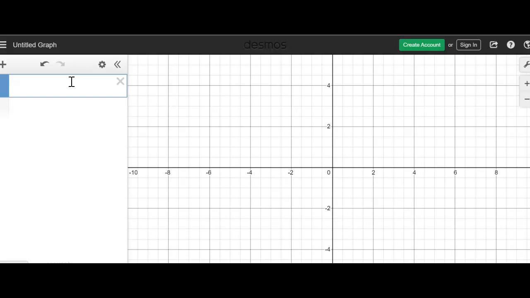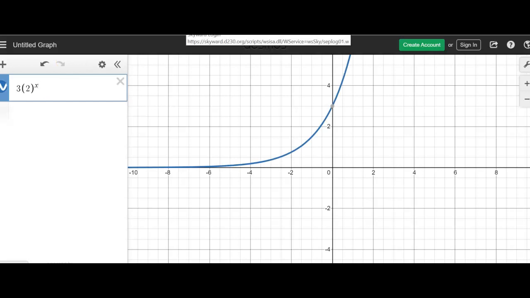So if I put that function in, 3, and then I hit times, or just go parentheses, 2, I'm going to hit the little caret key and raise that. I'm going to close the parentheses and then go caret key x. And this is the function.